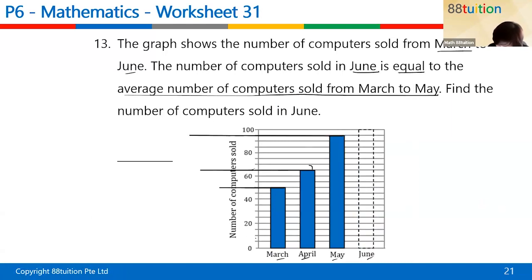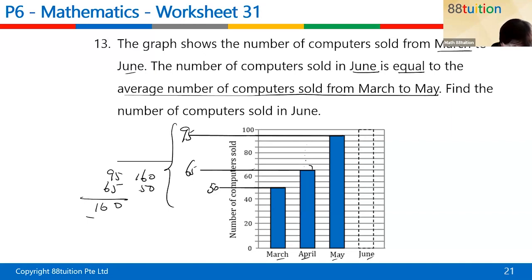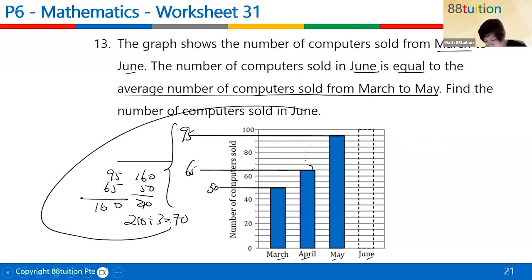So this one is 5, 10, 15, 20, 25, 30, 40, 50, 55, 60, 65, 70, 80, 90, 95. If I add them up, I will have 95, 65, 160, 160 plus 50, 210. 210 divided by 3 gives me 70. So June must be 70. So I go to 70.